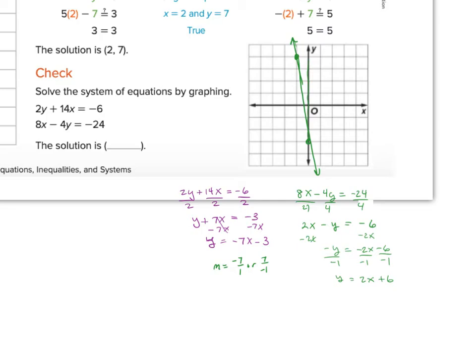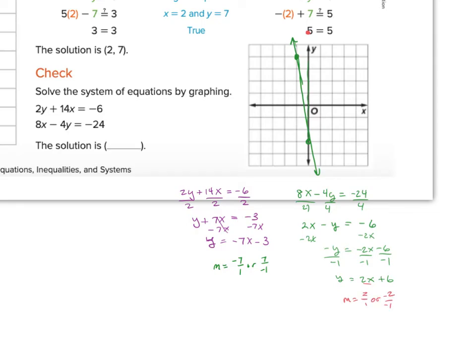And that equation would be my y-intercept of 6, which is probably up here somewhere. And then my slope is 2. So again, my slope is either 2 over 1 or -2 over -1.